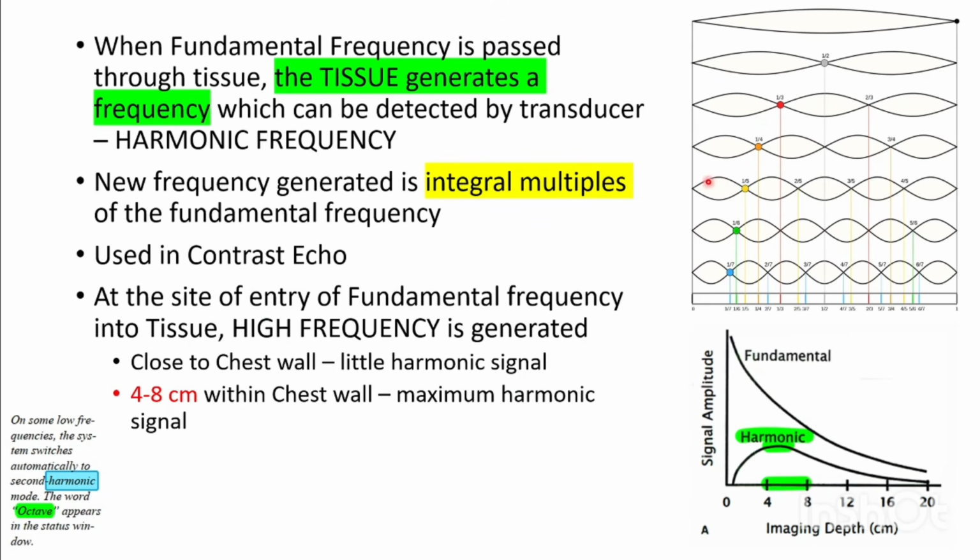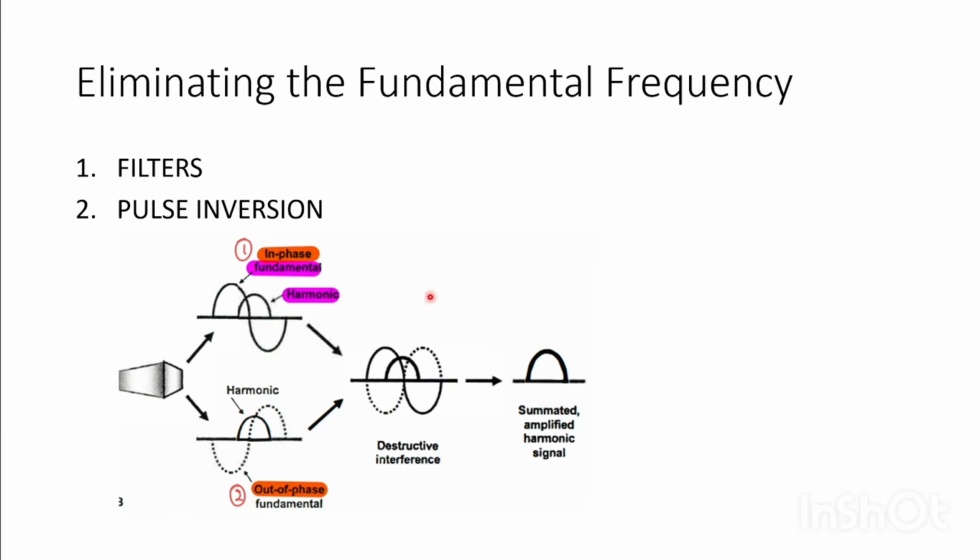Like I said, we have to get the sound wave generated by the tissue and eliminate the fundamental frequency. The ultrasound machine does this in two ways. It either uses a filter to filter off the fundamental frequency, or it uses pulse inversion. This is the fundamental frequency which the probe sends into the tissue, and when it strikes the tissue, it generates the harmonic frequency.